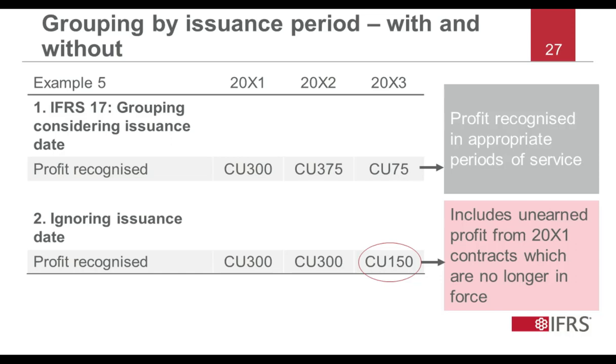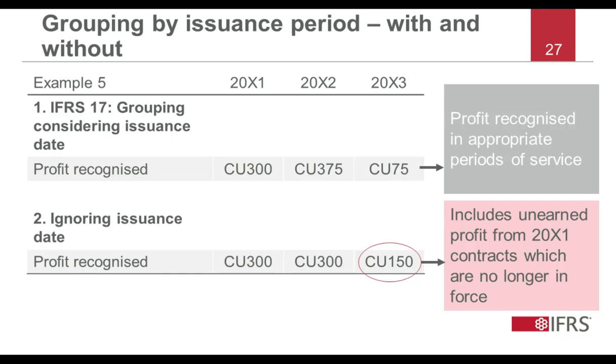Secondly, you can see the amount of profit recognized if contracts issued in 20X1 and 20X2 are included in the same group. In 20X2, the unearned profit of contracts issued in that period will be added to the existing group. We have provided further breakdowns of how these numbers have been calculated in the appendix of the slides available on our website.